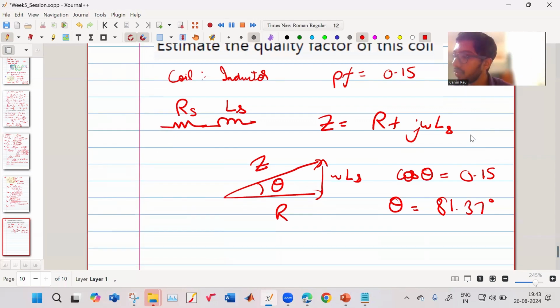Now, what is my quality factor in a coil? Tan theta, no? The quality factor is actually omega Ls by R, which is equal to tan theta.